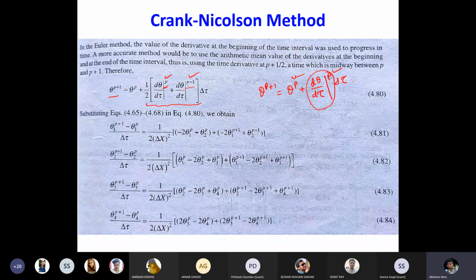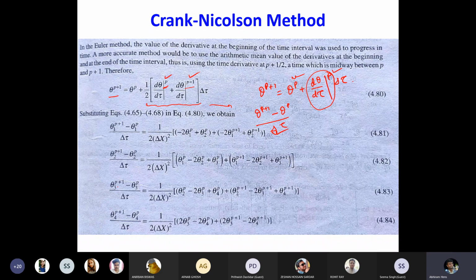Okay, now from this you can substitute this part into our governing equations, and then you will get the equations in this particular form. The right hand side we have already discretized, and the left hand side you can now pose, because you can write theta p plus 1 minus theta p by delta tau, that will be equal to this part.